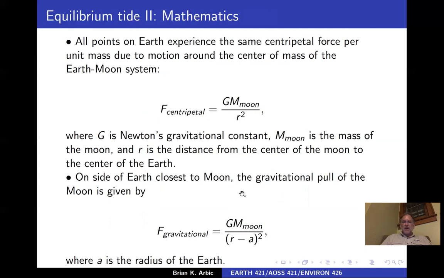On the side of the Earth closest to the moon, you basically take this same formula, but now instead of having r squared in the denominator, you have r minus a squared, where a is the radius of the Earth. Because see, now if this is the center of the Earth and this is the center of the moon and that distance is r, then when you're at the point of Earth that's closest to the moon, it's this much closer to the moon, where this much is a, the radius of the Earth.